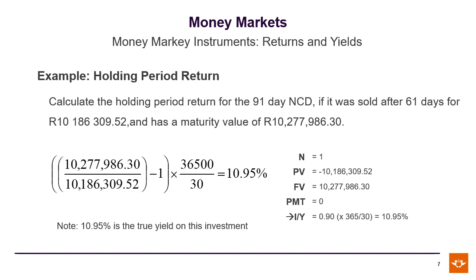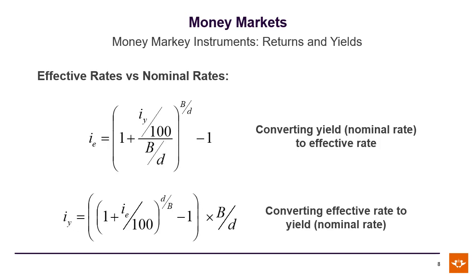Finally, we look at effective rates versus nominal rates. Now, when you have two money market instruments that have the same maturity, so if they're 90-day instruments or 270-day instruments, you can convert between discount rates and yields if they are discount and yield instruments.